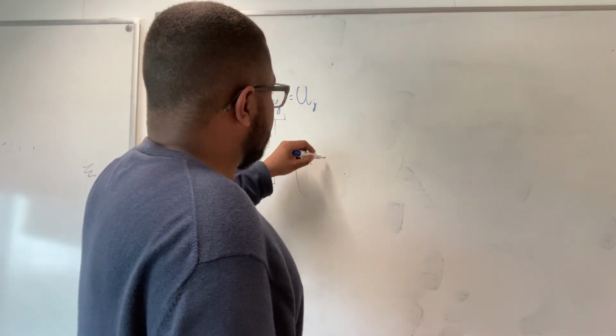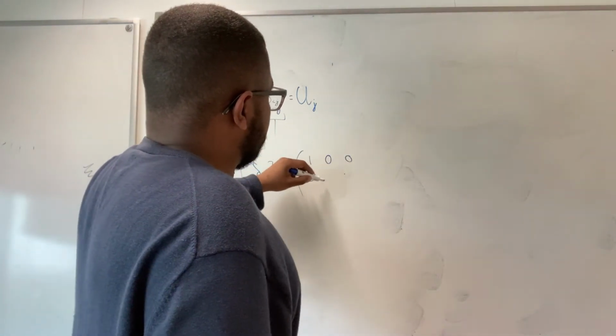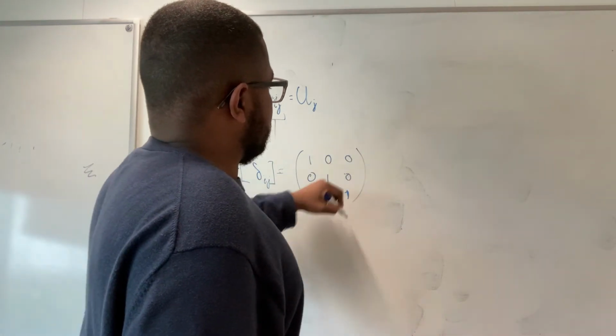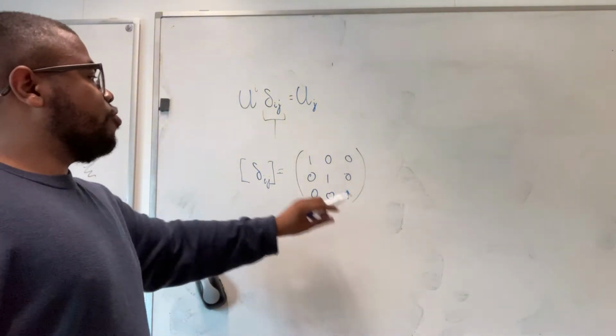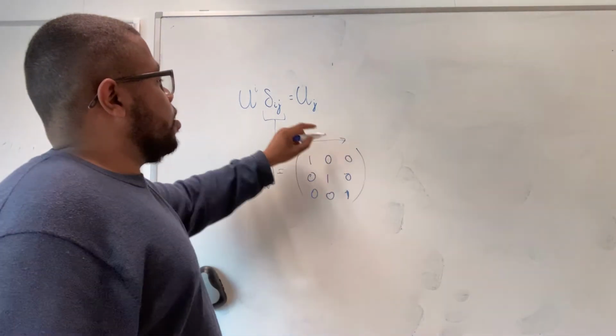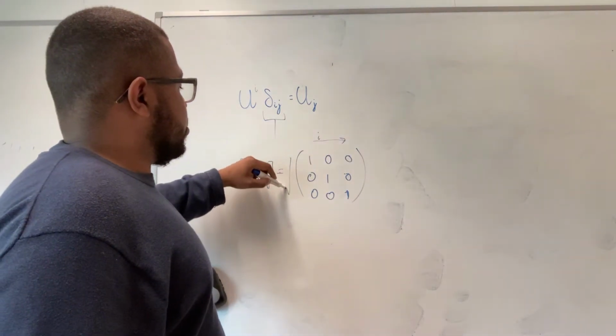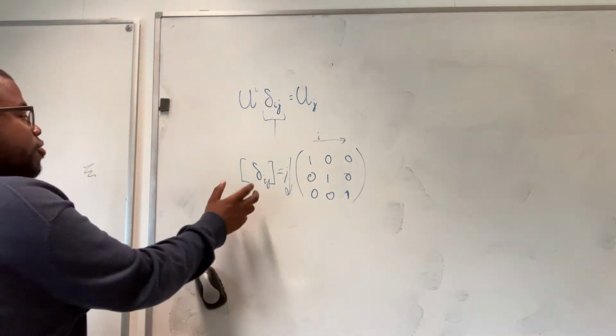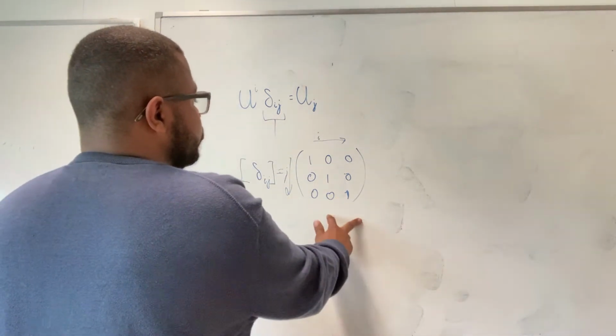So it will look like this. This is how we know that we can express, with the rows being, for example, I, and the columns being, for example, J, the Kronecker delta in terms of matrices as well.